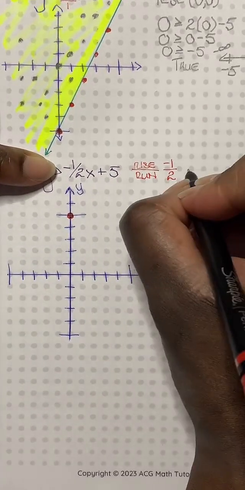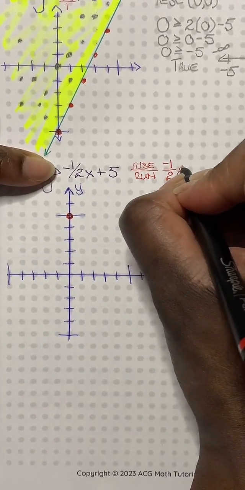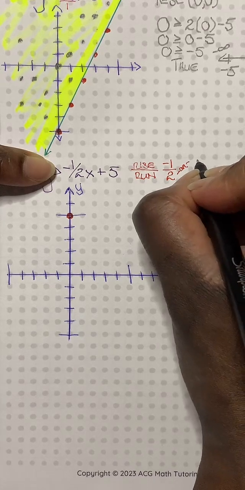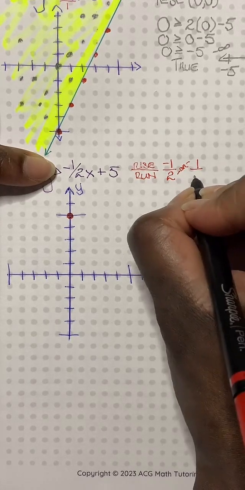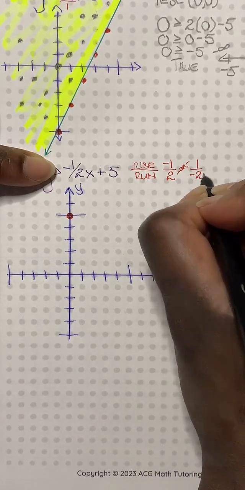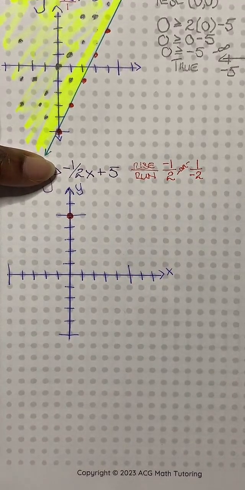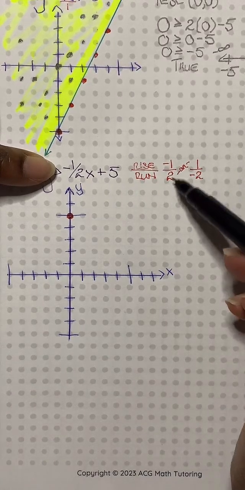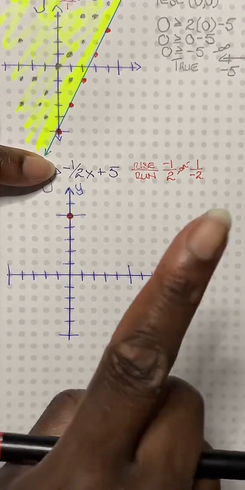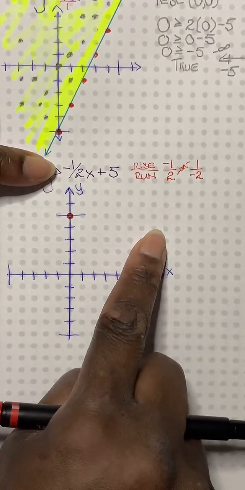Or I can say my rise is 1 and my run is -2. Okay, that's the cool thing about negative slopes. You pick which one is going to be negative, not both, just one.